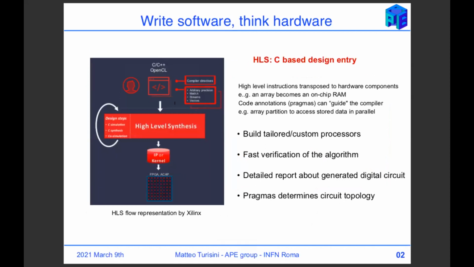The nice thing about HLS is that the user is provided with a C-based front end. It means that you write a C function, but you have to keep in mind that the final destination of this code is not just a CPU, but a dedicated processor, something you tailor for your exact calculation.